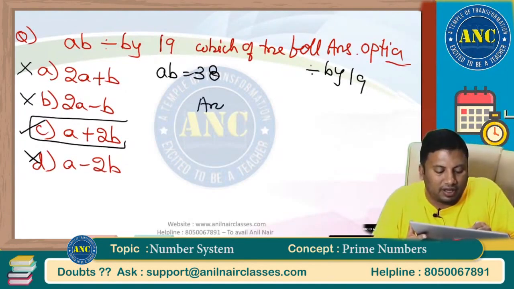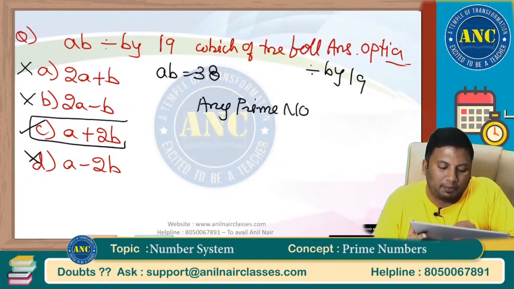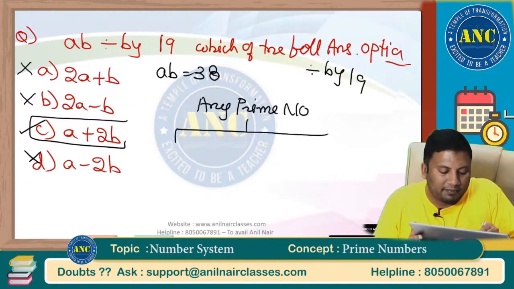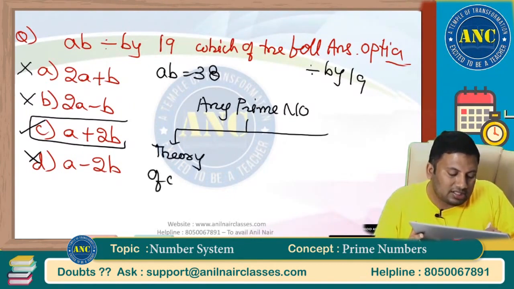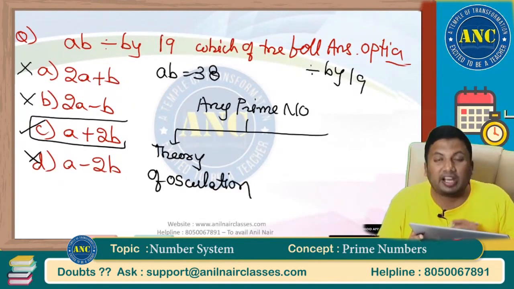The divisibility rule of any prime number can be found in multiple ways. One is using the theory of osculation. As the number of digits increases, the osculation concept will take more time.